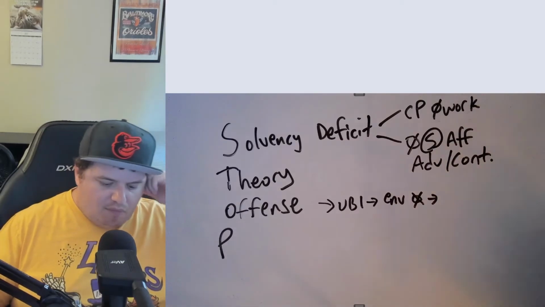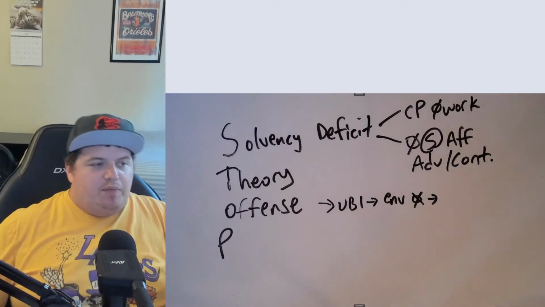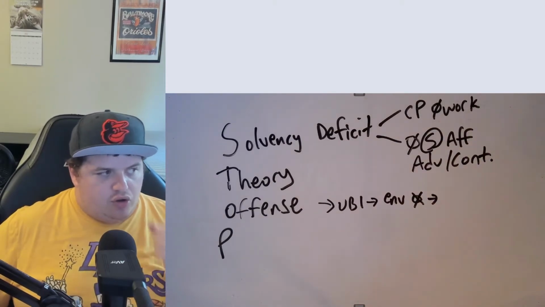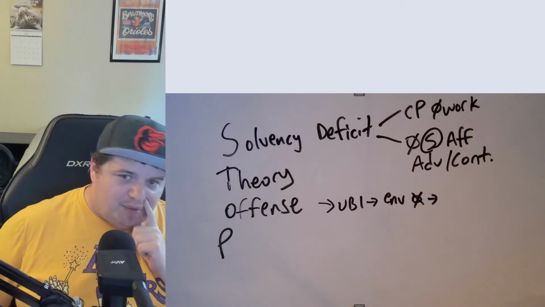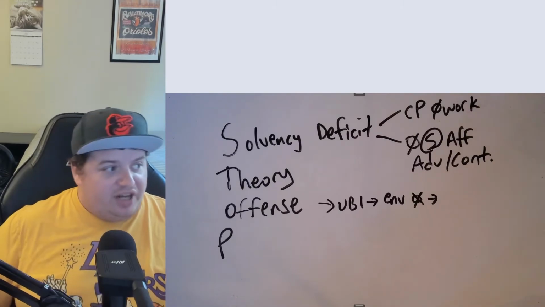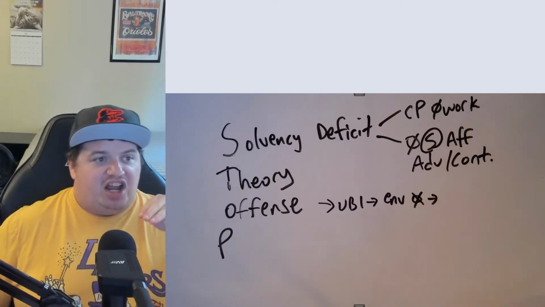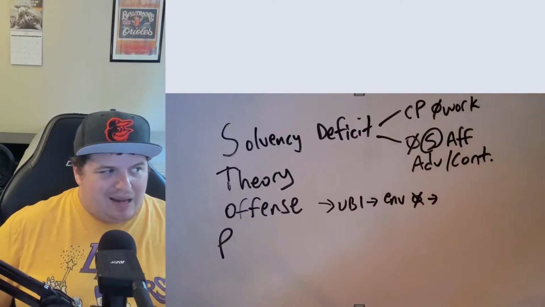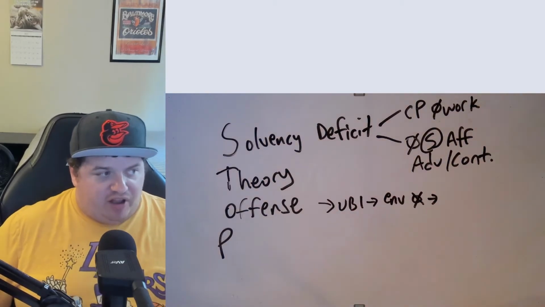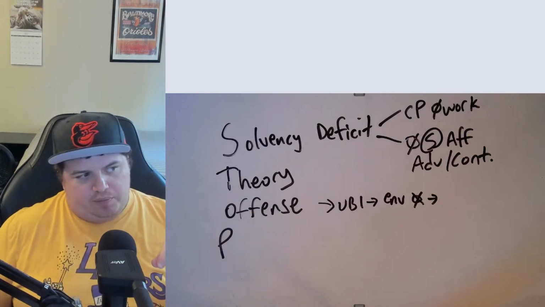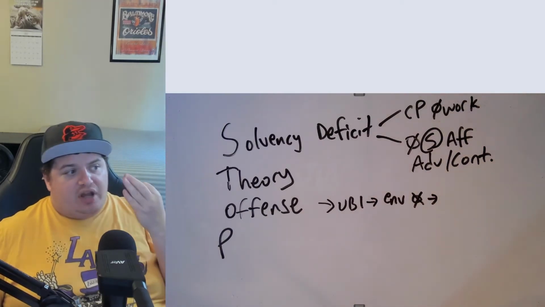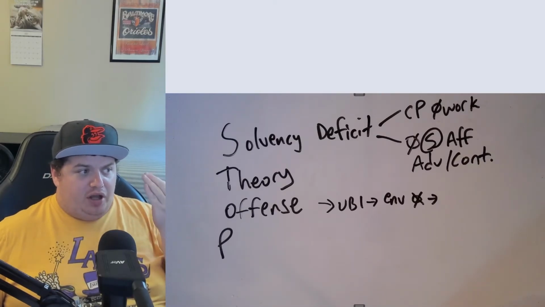But if that were true, that would be a reason why the counterplan in and of itself is bad. A lot of times you can think about offense like reading a disadvantage against the counterplan in the debate. So saying UBI bad would be offense versus the counterplan. That's the third way that you can answer a counterplan in a debate.